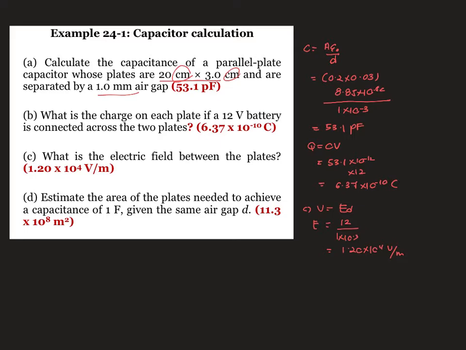You can use the same formula as A, C equals A epsilon naught over D. C is 1, the area you don't know, so A equals 1 times the air gap, 10 power of negative 3, divided by 8.85 power of negative 12. So you are going to get the answer of 11.3 power of 8 meters square. Basically this area is so large, it's like one big capacitor.